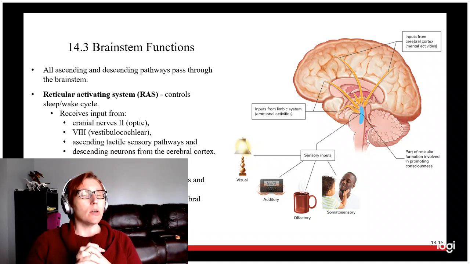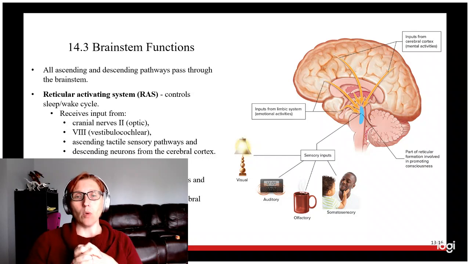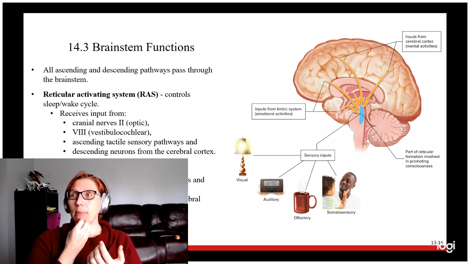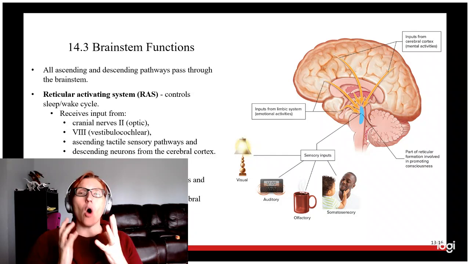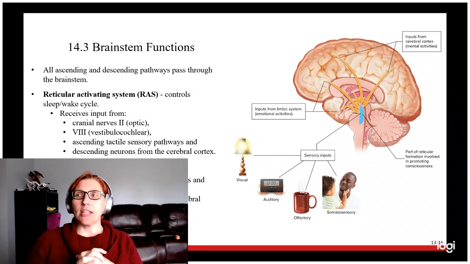It still wasn't too terribly bad until we started getting into the use of a lot of electronics. The theory is that the blue light actually stimulates this region in a way that suppresses those normal circadian rhythms that tend to happen. And all of that signal is received by a portion of the brainstem.